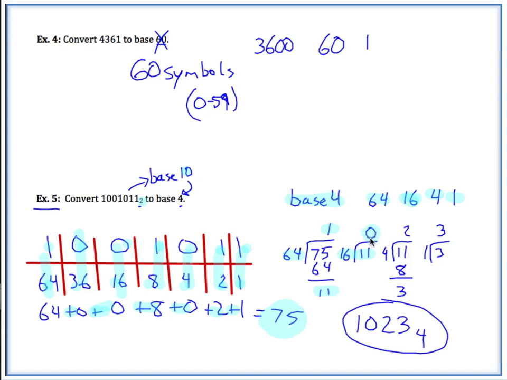Even though it turned out to be 0, we still need it. Then we took our 11 again and divided it by 4. We got 2. And so we had 3 left over. We took those 3 and divided it by the 1, and we got 3. And then we rewrote our answer as 1023 base 4. And that is converting base 10 numbers into other bases.